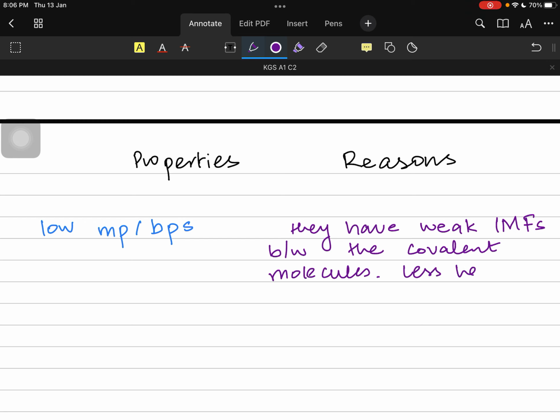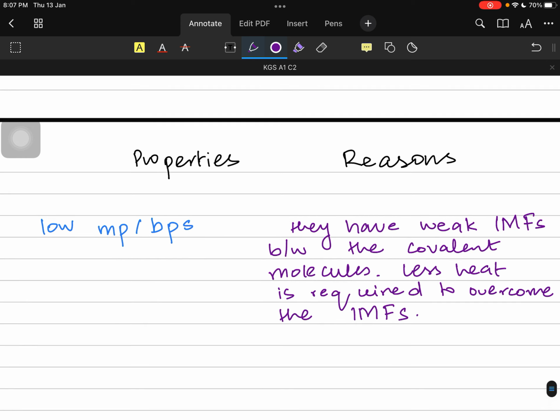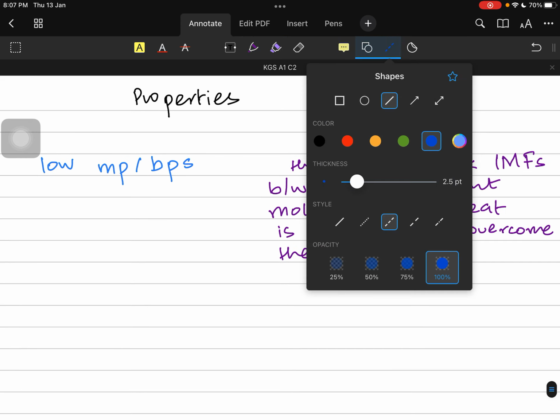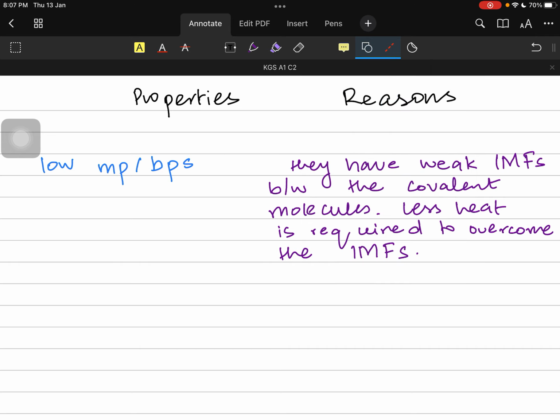So less heat is required to overcome the forces, to overcome the IMF, where F means forces. That is why it's easier. The important words here are weak intermolecular forces and the fact that less heat is required to overcome the forces.